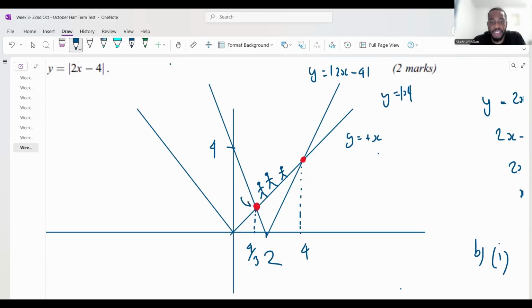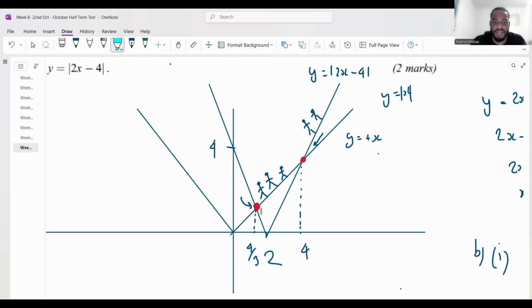Remember, the red points are where they are equal. In between, that man is on top of the modulus of x graph and the modulus of 2x minus 4 is underneath. The moment I go to the right of this point here, the man is now up here, on top of the modulus of 2x minus 4.